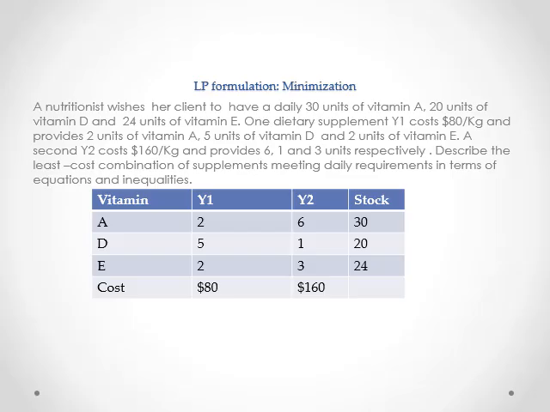The second version of the linear programming problem is how to formulate an objective function of minimization. Let us follow the following example of minimization.